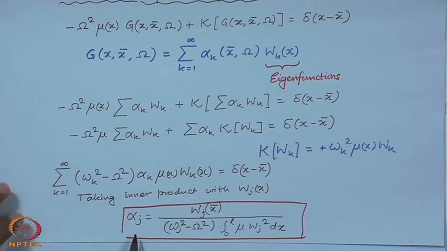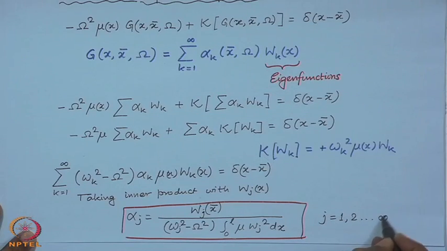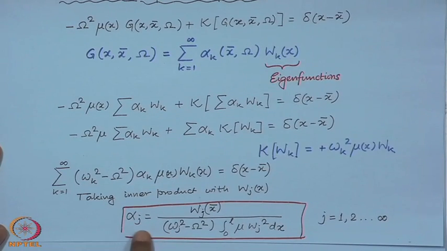so we have obtained the coefficient alpha j, and this can be done for all j from 1 to infinity, and then we can solve for all these infinitely many coefficients alpha j.